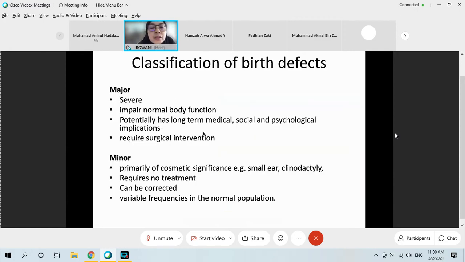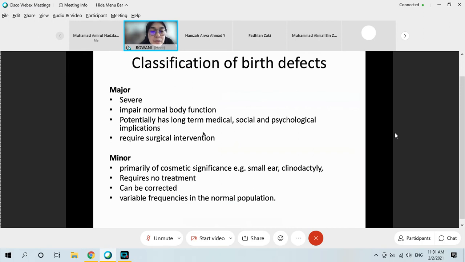And birth defects, you can classify as major or minor. Major if it is severe, it impairs normal body function, potentially has long-term medical, social, or psychological implications, and normally requires surgical intervention. Otherwise, it is not compatible with a healthy child.